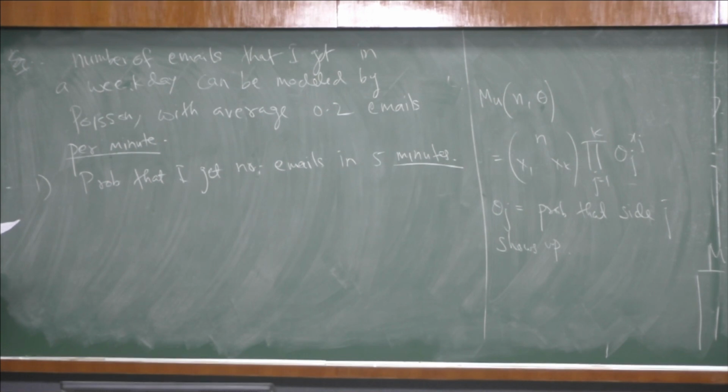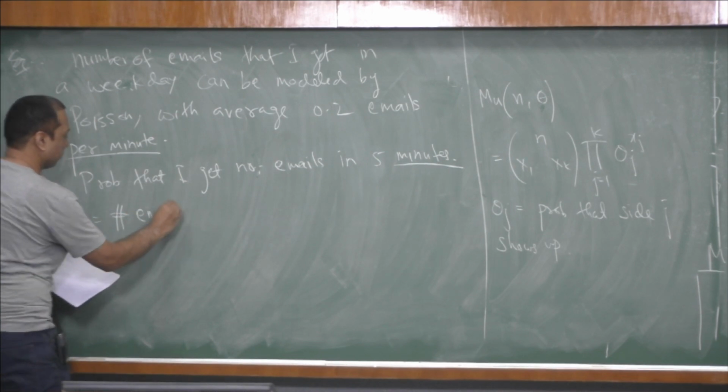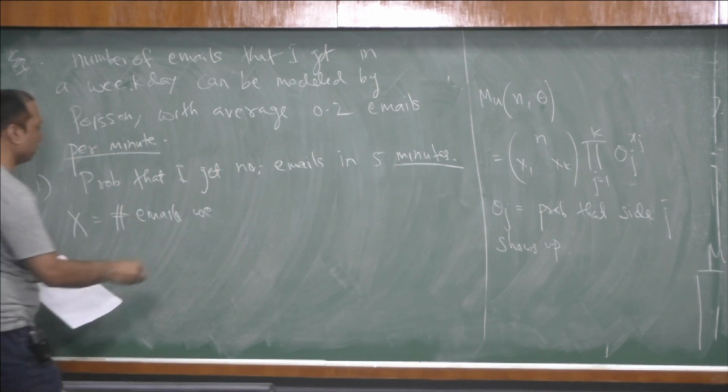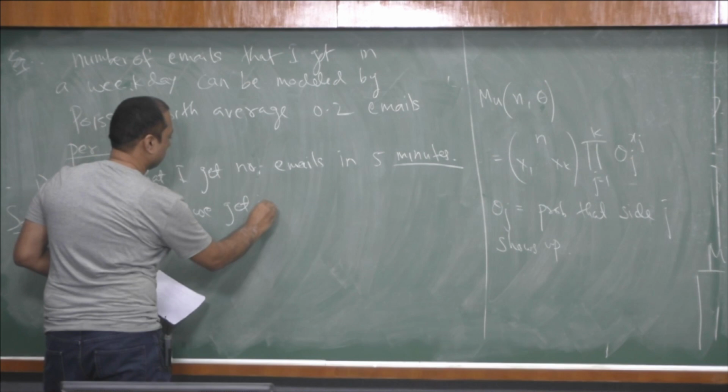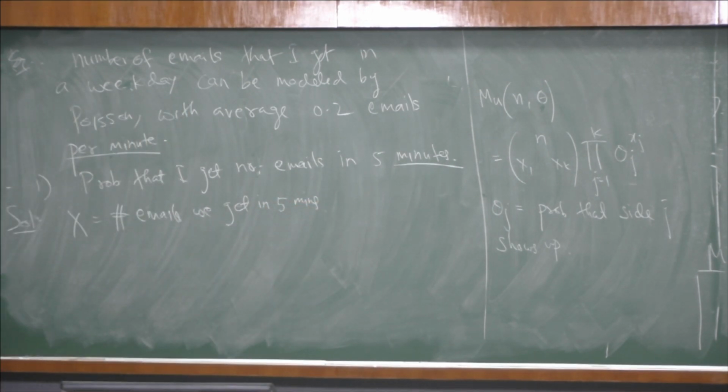So let us try to solve this. The first thing is we model it. We know that this kind of problem is Poisson. So we will take X to be the number of emails that we get in 5 minutes, and the negation of that will be no email. So let us define this random variable, and then obviously what we are saying is X is 0.